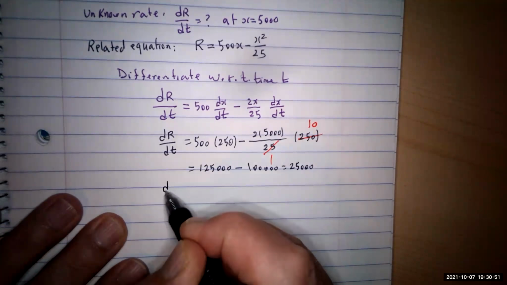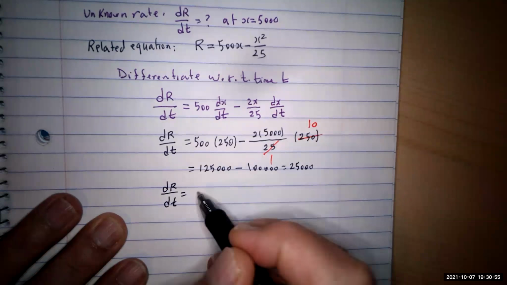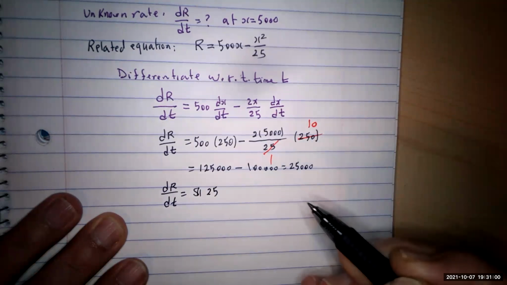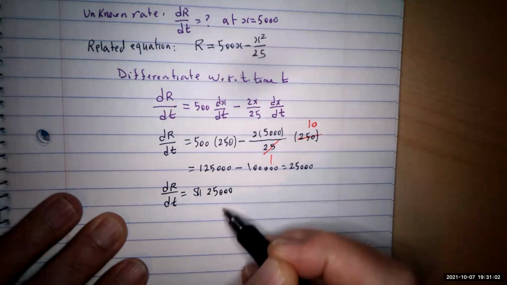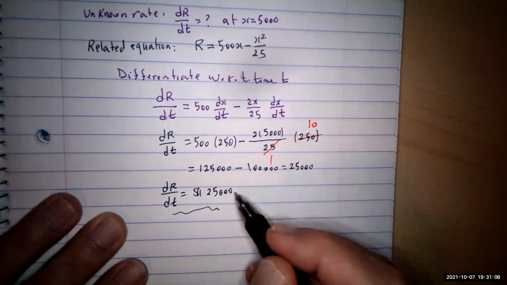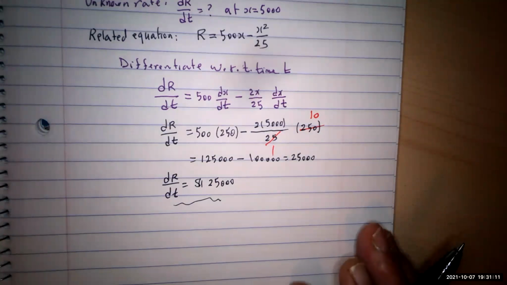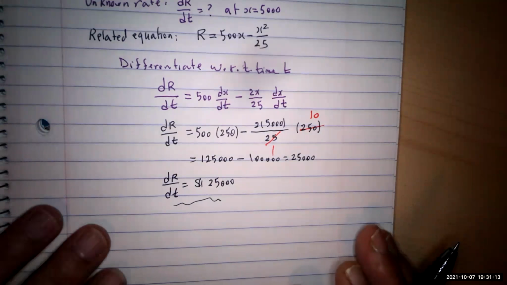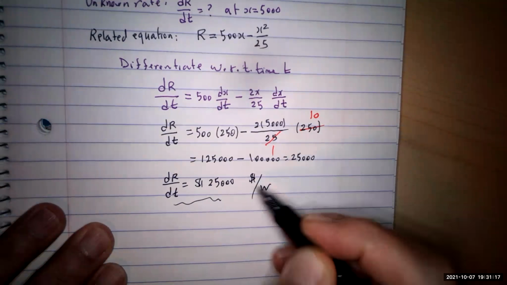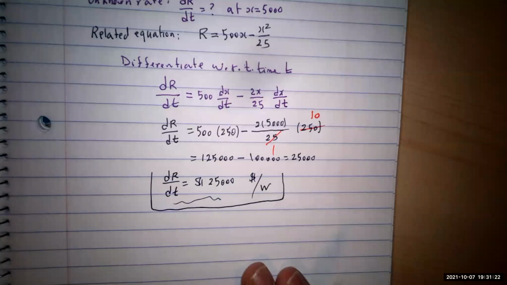So dR dt, the revenue rate, is going to be in dollars, $25,000 per week. So this is dollars per week, the rate of your revenue.